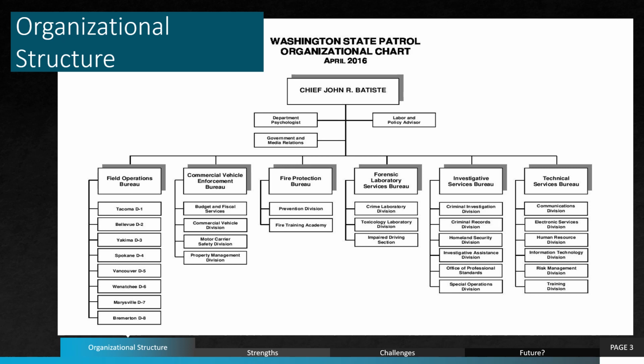So when we look at organizational hierarchies or organizational structures within law enforcement, there's going to be a lot of deviations based on the size of the agency and the different types of bureaus or divisions that it might have. But this is a good example, using the Washington State Patrol. This is from 2016, but it's unchanged into 2023 where we're at now.